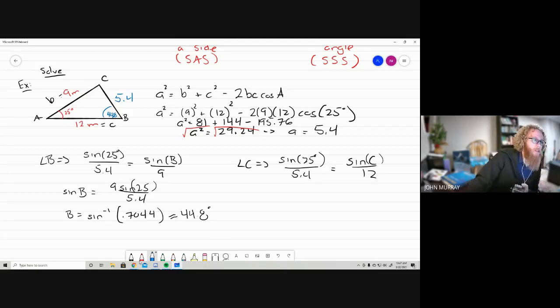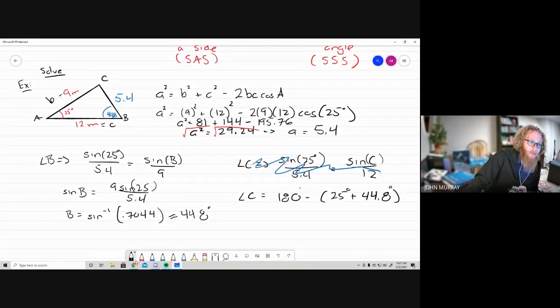And then with angle C, I don't even need this. That's a lot of work. Not a lot of work, but too much. I could do angle C is equal to 180 minus 25 plus 44.8, all degrees, and we have angle C is equal to 110.2 degrees.